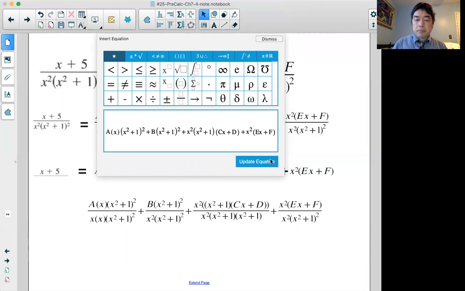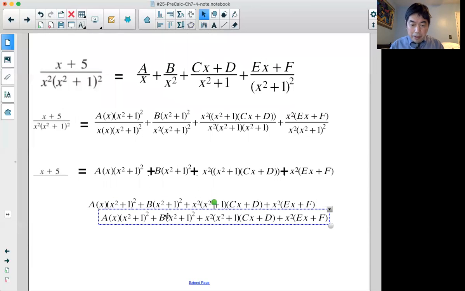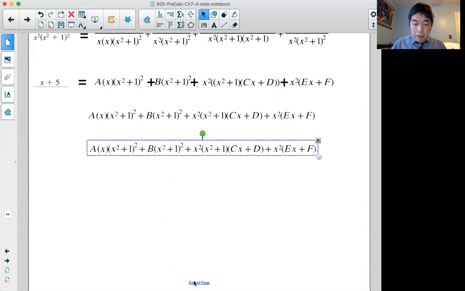Okay, that's the first step. Now I will cut and paste here. I hope I don't make a mistake.